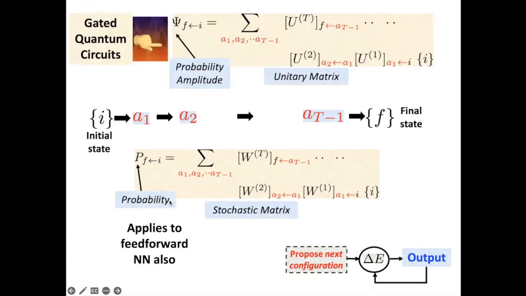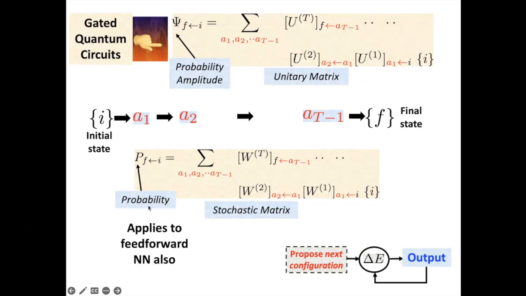But more interestingly, the reason I brought it up is it shows nicely the connection to quantum gates, to quantum circuits. Because in the quantum case, if you have this gated quantum computing, you are multiplying with these unitary matrices U. And you'll notice again, mathematically, they are very similar.